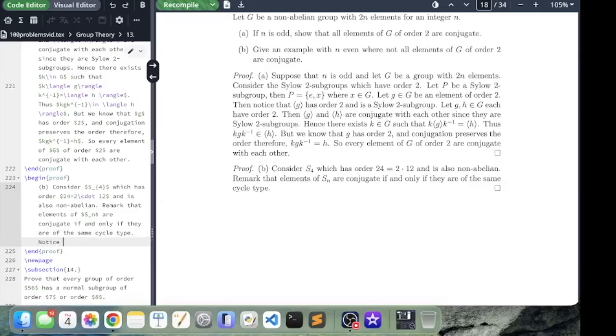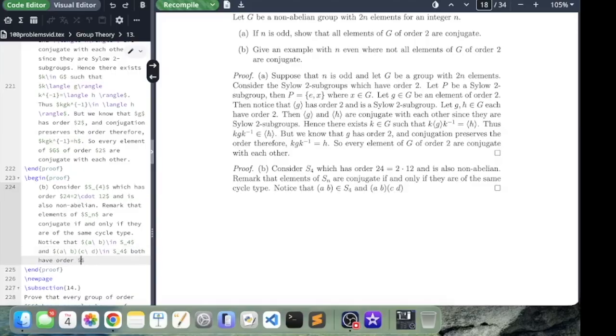So notice that transpositions in S4 and double transpositions in S4 both have order 2.